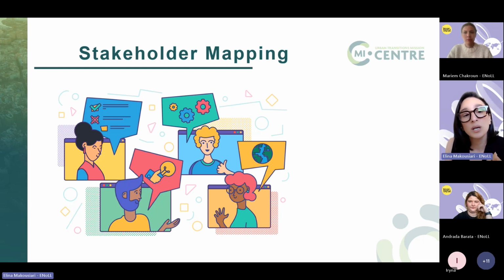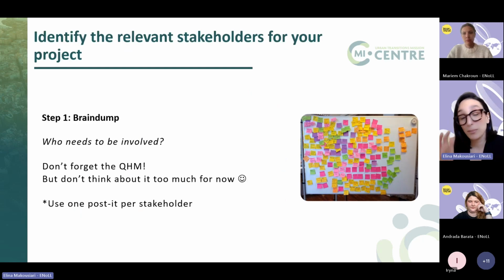The first one is the stakeholder mapping. We will work in 2 steps. You will work individually, just as a brain dump, thinking of any kind of stakeholders that might be relevant for this specific project within this specific city. Again, this is a fictional case, so there is a limitation on how specific you can be.